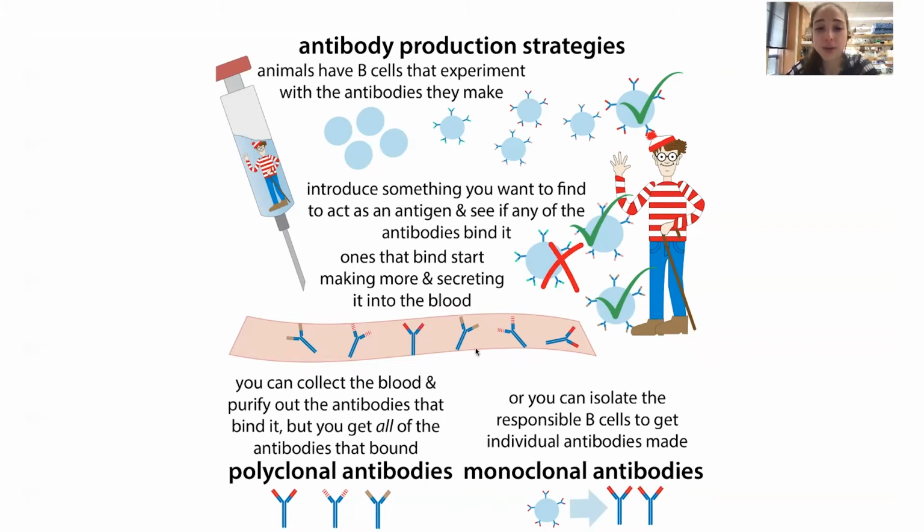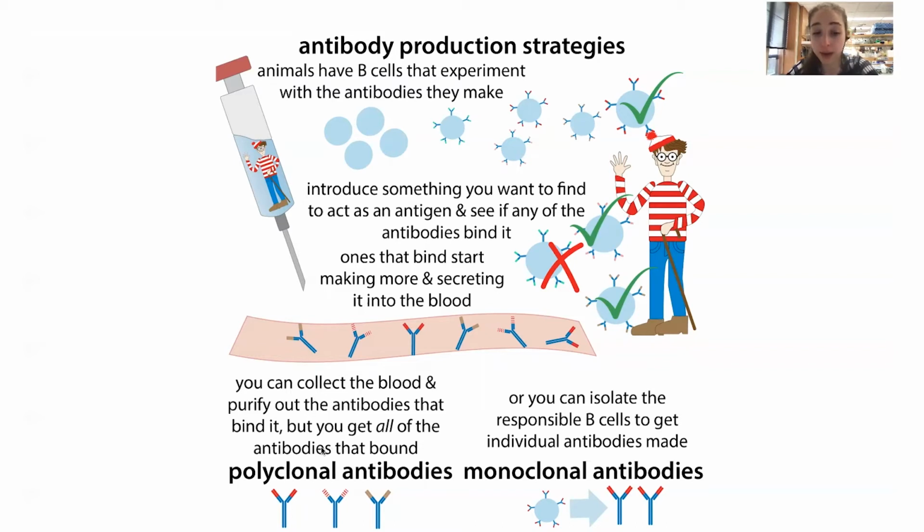And so if we capture that blood and then purify out the antibodies that bind to the thing of interest, then we're going to get a polyclonal antibody mixture. You can just take some beads or something that are attached to the antigen that you want the antibodies to recognize, capture the ones that bind, and then purify them further, and have a polyclonal antibody mix.